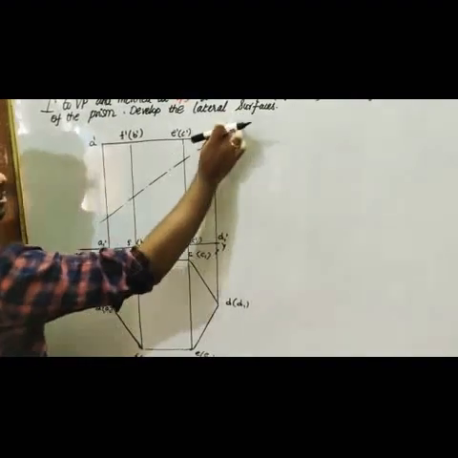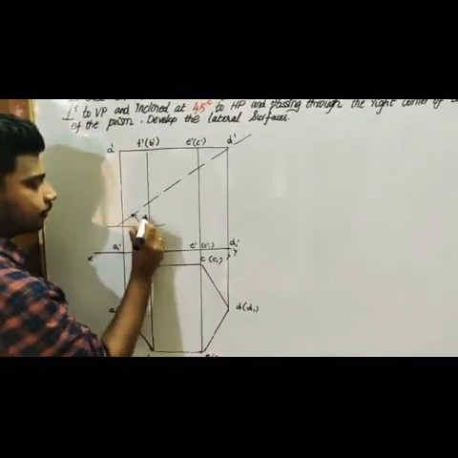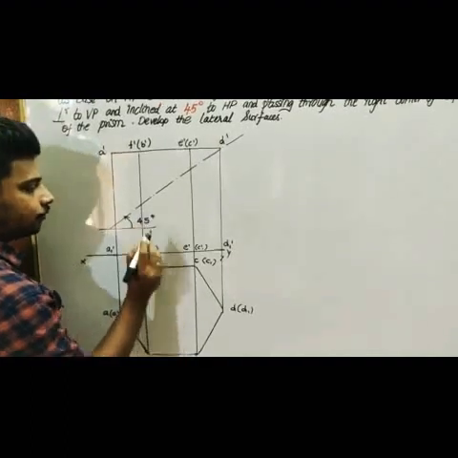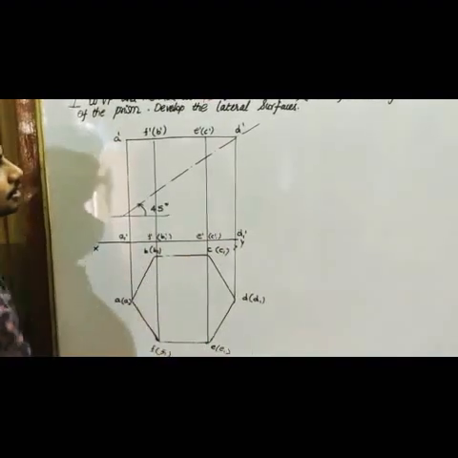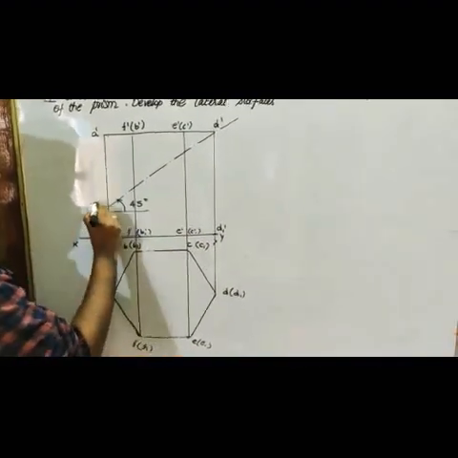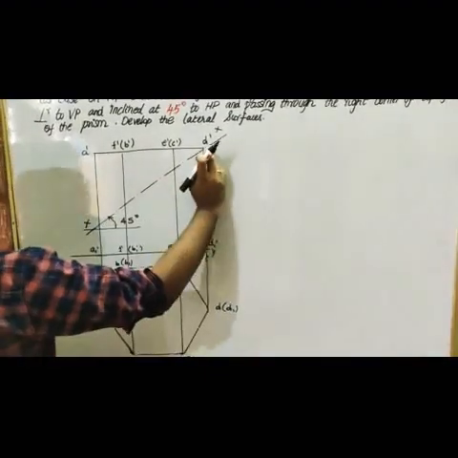So this line shows the cutting line, which is having inclination of 45 degree with HP, and this dotted line shows the cutting plane. So I have given a name for the cutting plane, XX. So this is my cutting plane, which is passing through the right top corner of your prism.